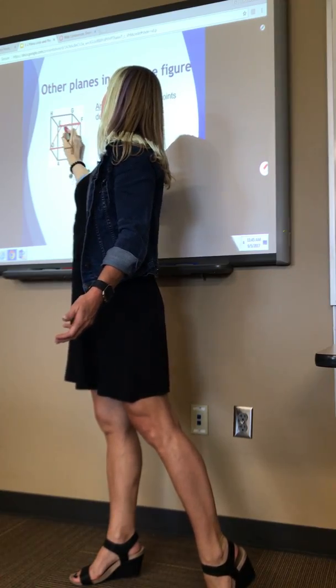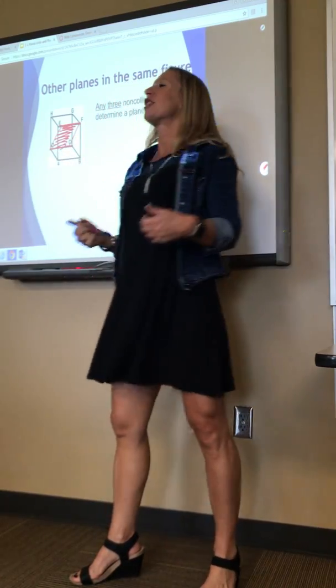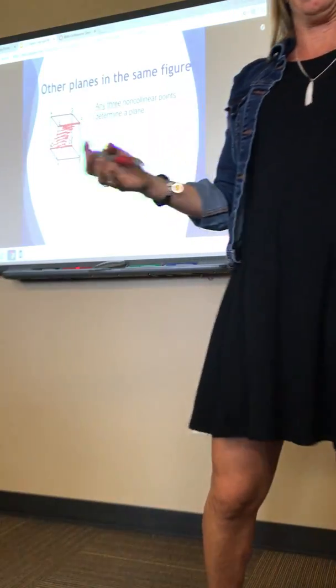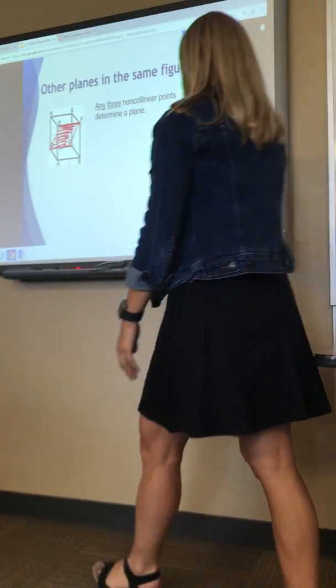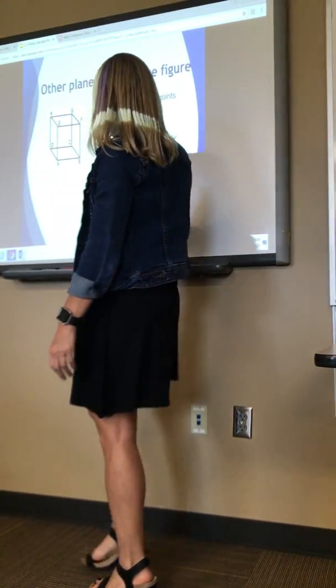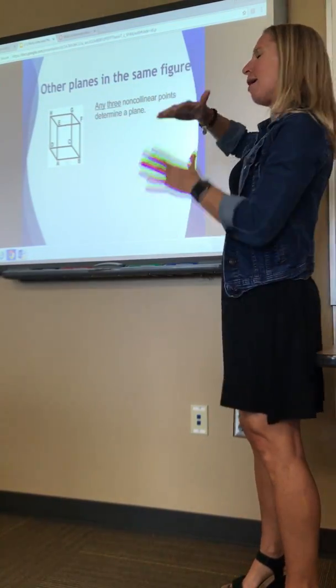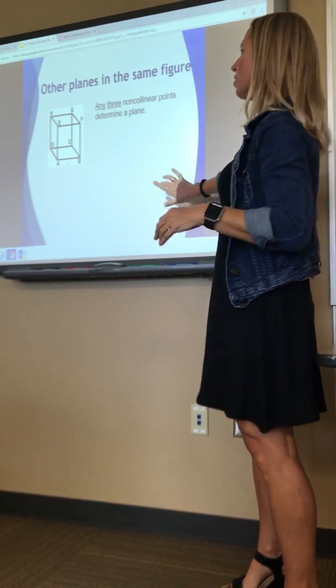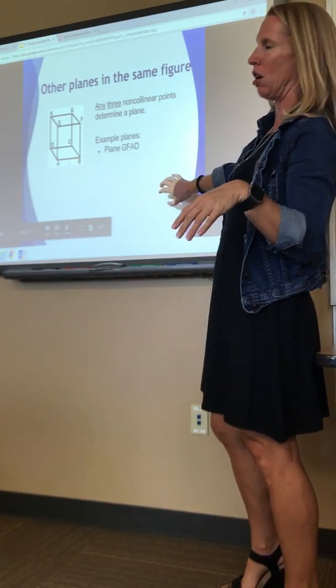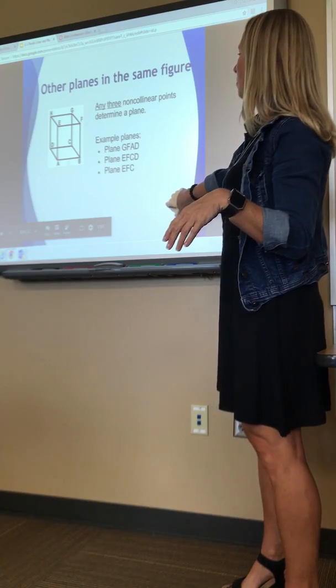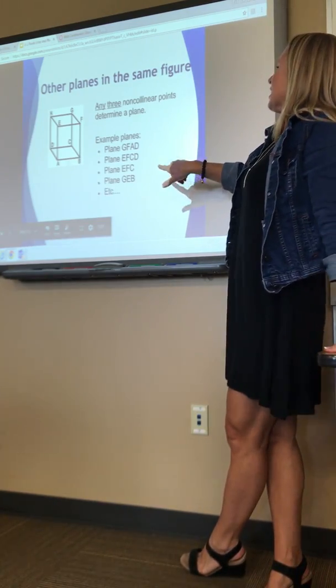Do you see that plane? So there's actually an infinite amount of planes. Just so you know, it's not always just the top, bottom, front, back, left, right. You could have diagonal planes too, but we're not going to be naming all those crazy planes today. I'm just showing you it's not limited.